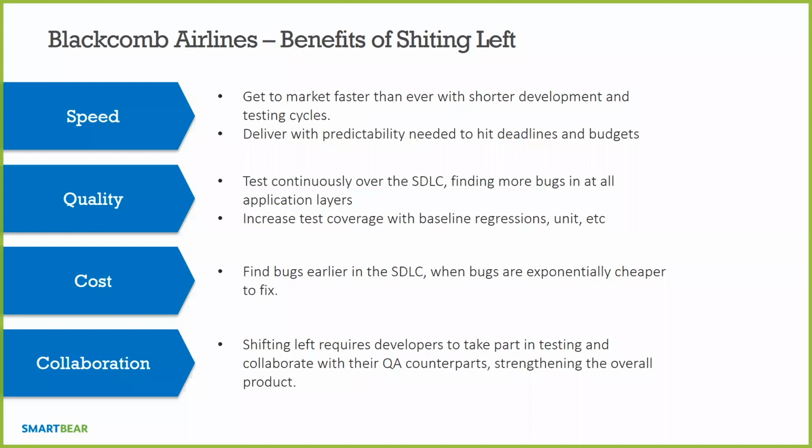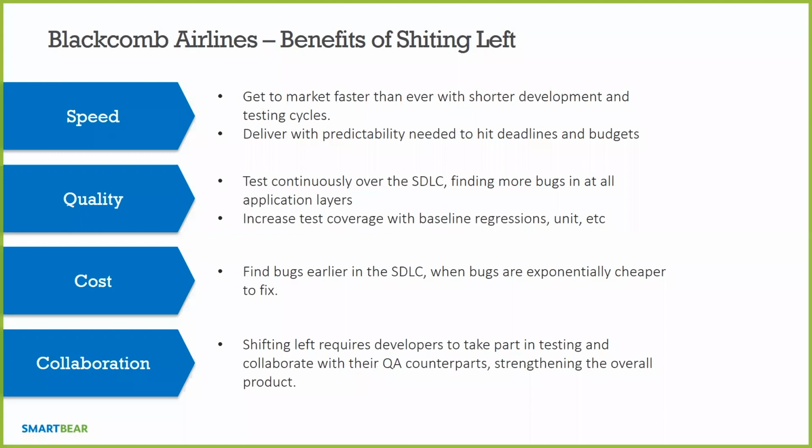With speed, we talked about shorter cycles. You get to market faster with the shorter development and testing cycles because you are really cutting down that discovery that's occurring only in the QA phase in a traditional software development lifecycle. By pushing that discovery to be earlier, the going back and forth of fixing those defects or prioritizing which defects to fix doesn't necessarily have to occur in the QA phase.